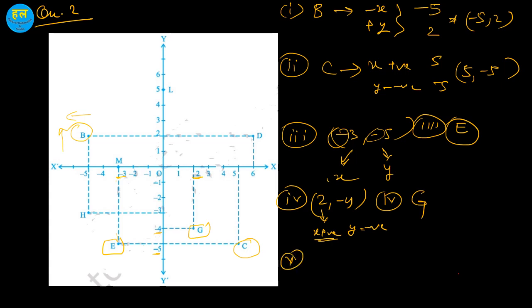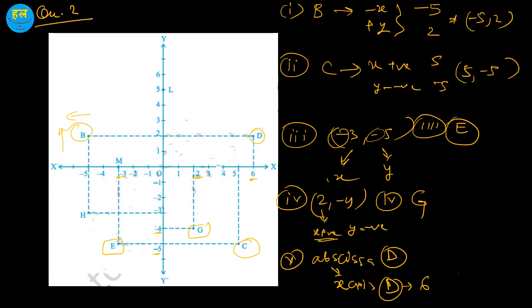Fifth, the abscissa of point D. We have to find the abscissa of point D. Abscissa is basically the x-coordinate. So where is D? This is D, and we have to find the abscissa. So the abscissa is 6.